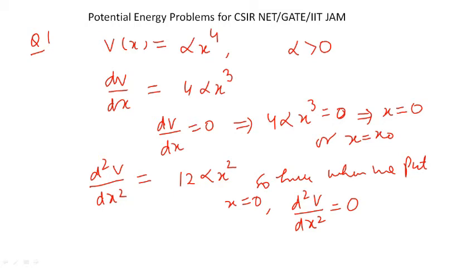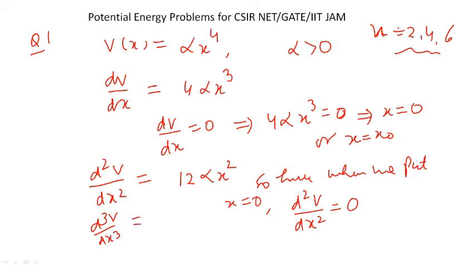The next higher even term will be 4, because n can be 2, 4, 6 and so on. So first I will find d3V over dx cube.